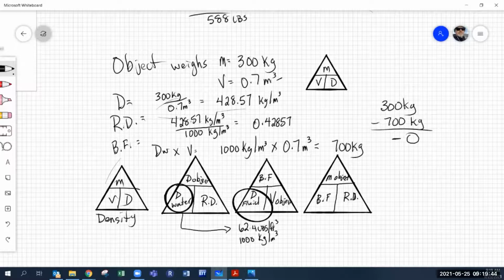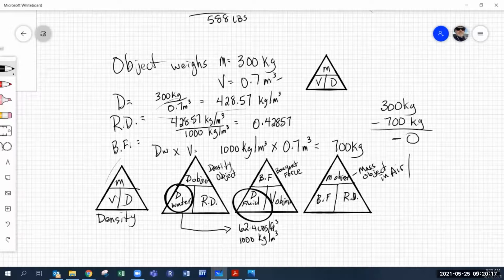Does that make sense? This is density of the object. This is buoyant force. This is mass of the object in air, or in the atmosphere in front of us. Okay.